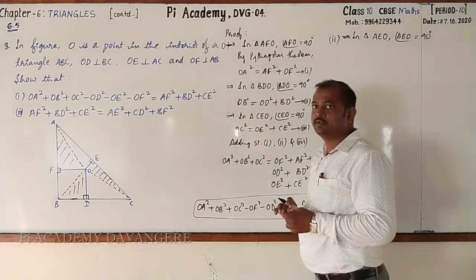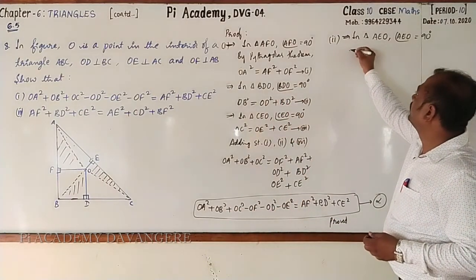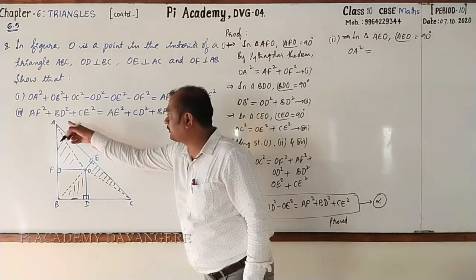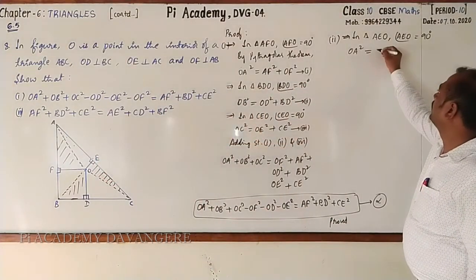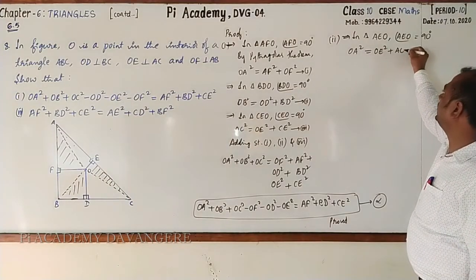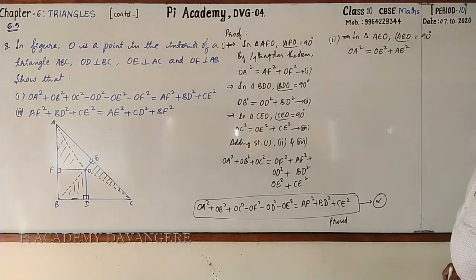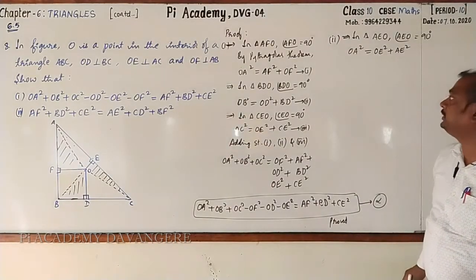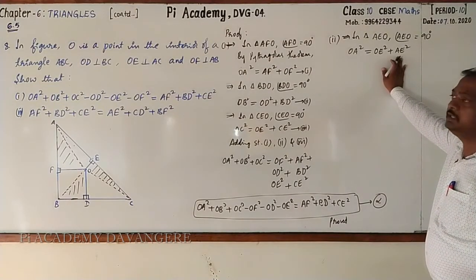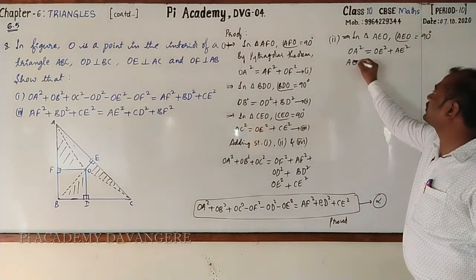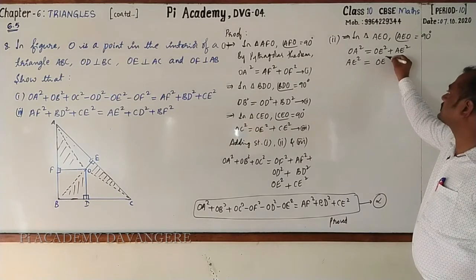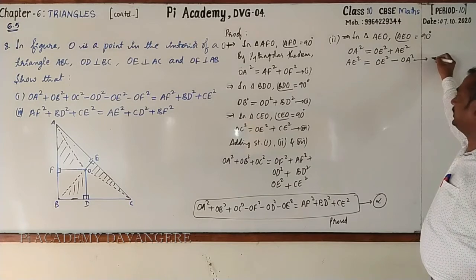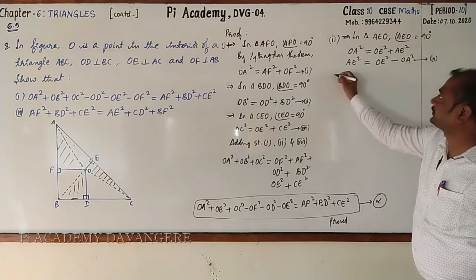Did you understand? Now, we want AE square plus CD square plus BF square. Let us solve AE square. AE square is equal to OA square minus OE square. Call it statement fourth.